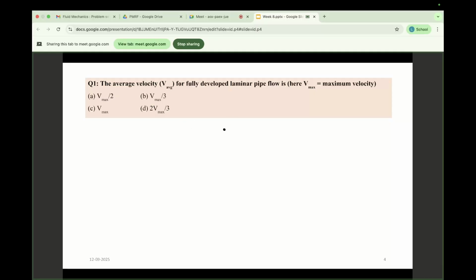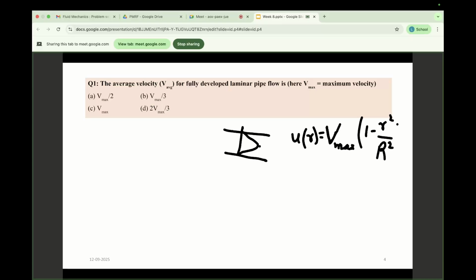So here, since it is a fully developed flow, the profile is parabolic. So generally, if you have to find the velocity at a certain point, say u, its formula is u equal to Vmax into 1 minus r square by R square. So here, what is capital R and small r, and what is Vmax?